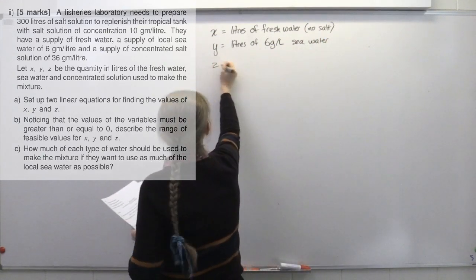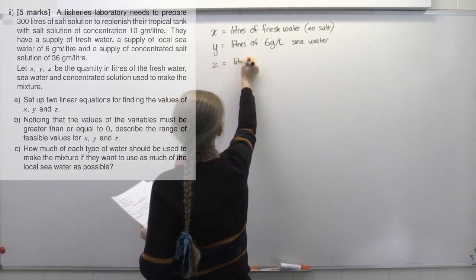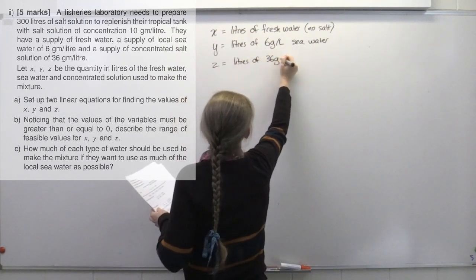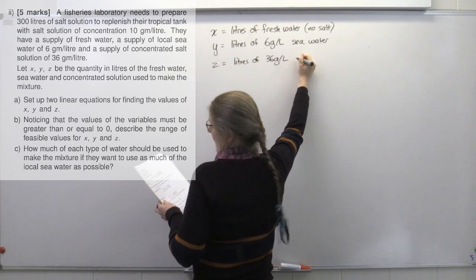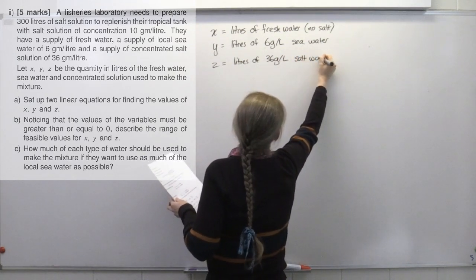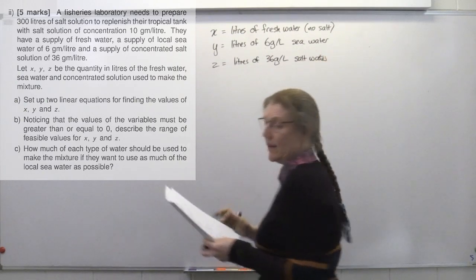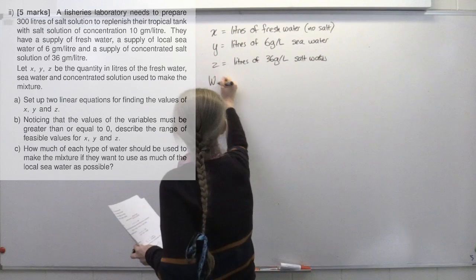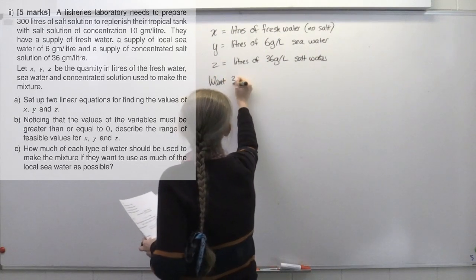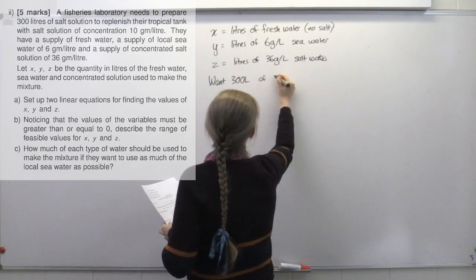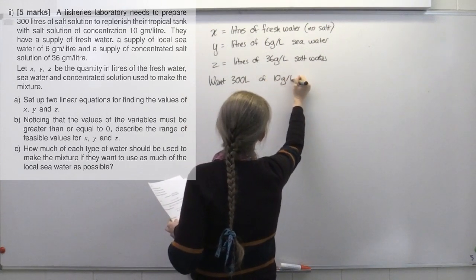And Z is the litres of 36 grams per litre, and that's salt water. Okay, so what is it that we want? We want 300 litres of 10 grams per litre solution.